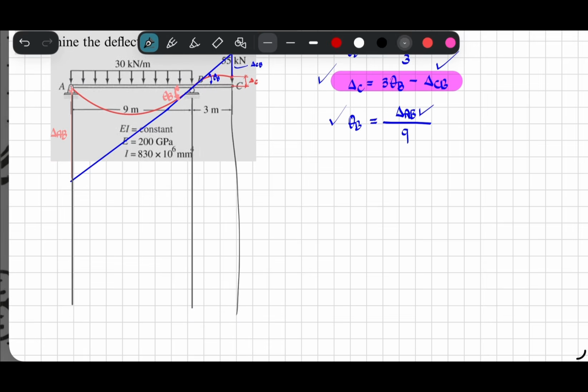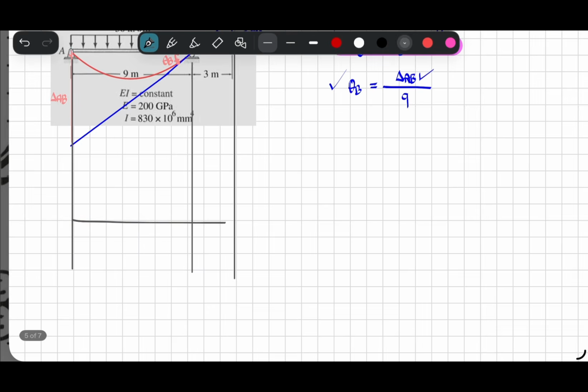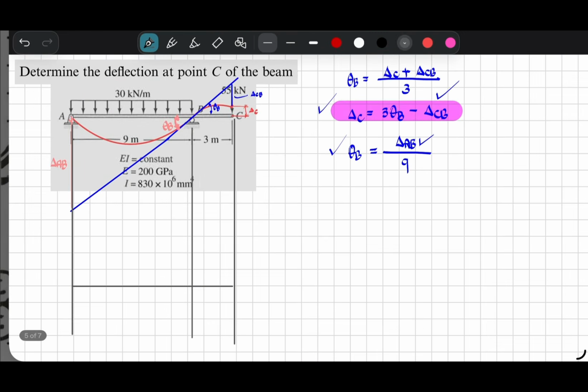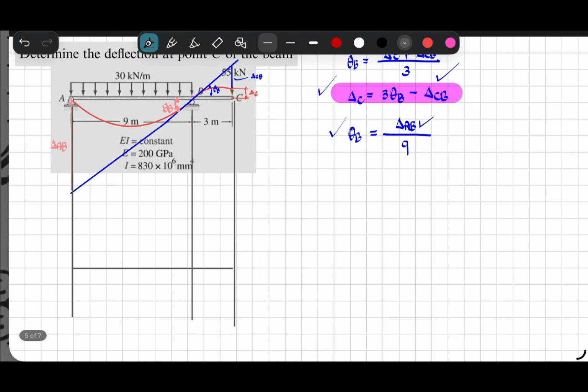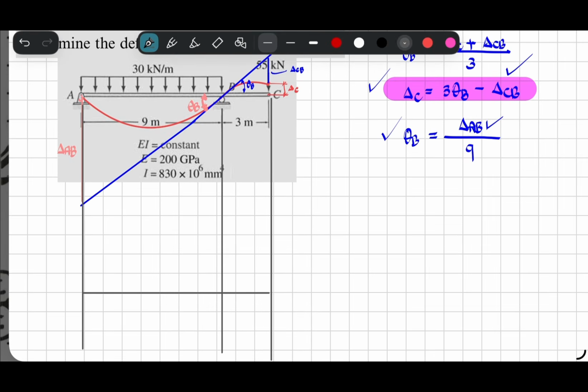We select a reference point. For this problem, the easiest reference point is point B, so that no areas cross the two segments AB and BC.